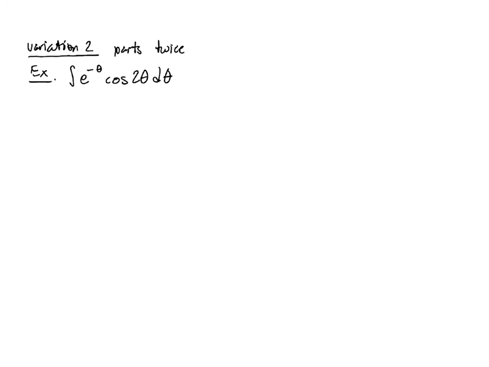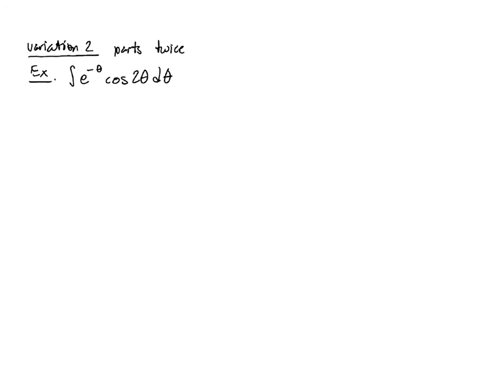So here's a situation where we have a product of functions. If you try any reasonable u substitutions, you'll see that it won't help, and so we're going to try integration by parts. And there's not an obvious choice for which function I should have be my u here and which one I should have for my dv, because if I take the derivative of e to the minus theta, I just keep getting e to the minus thetas with pluses and minuses.